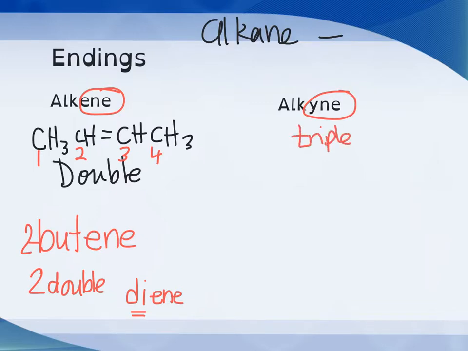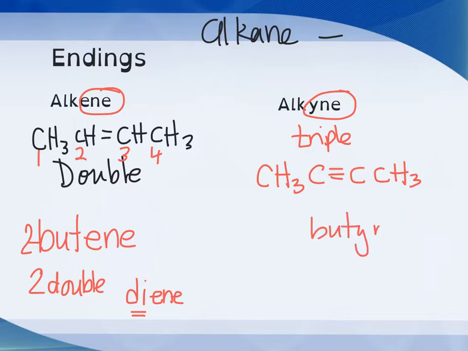So in this example, you might see something like CH3, and then you'd see a C triple bond C, CH3. So again, this is a 4-carbon root, so it'd be butyne, and we need to tell us that 2 is where our triple bond is.